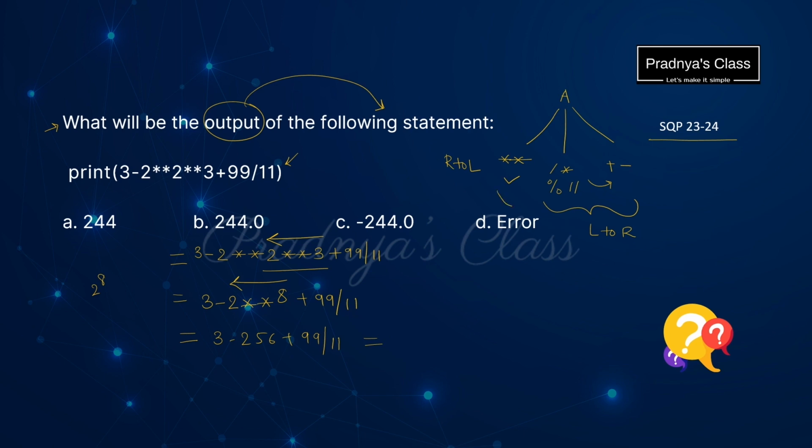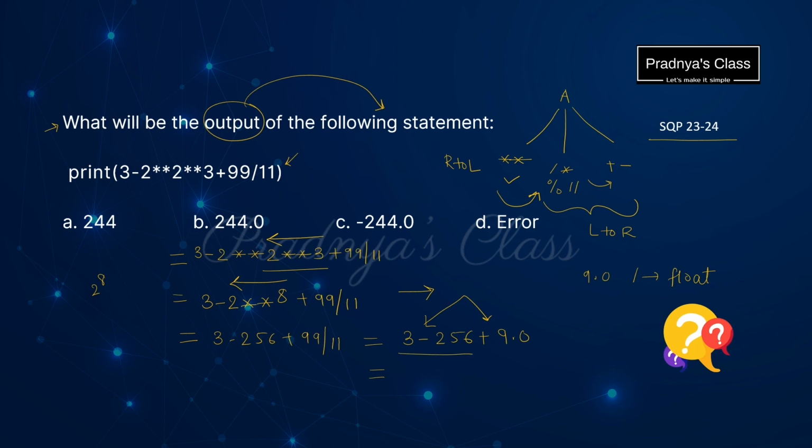After the exponentiation operator, the division operator will get calculated. So 99 divided by 11 will be 9.0. We got 9.0 because the division operator gives the result in the form of float. In this expression, we have two arithmetic operators, minus and plus, which will follow the associativity from left to right.